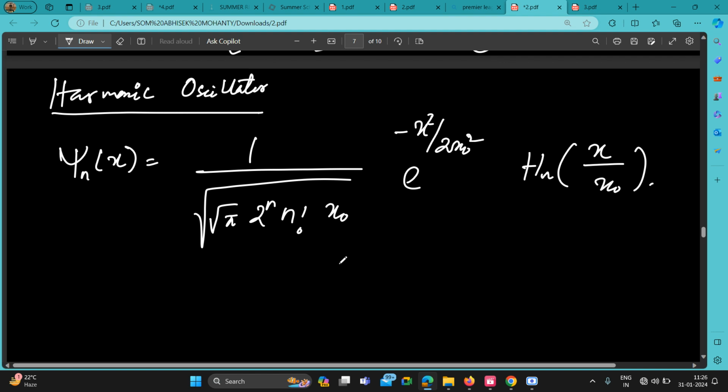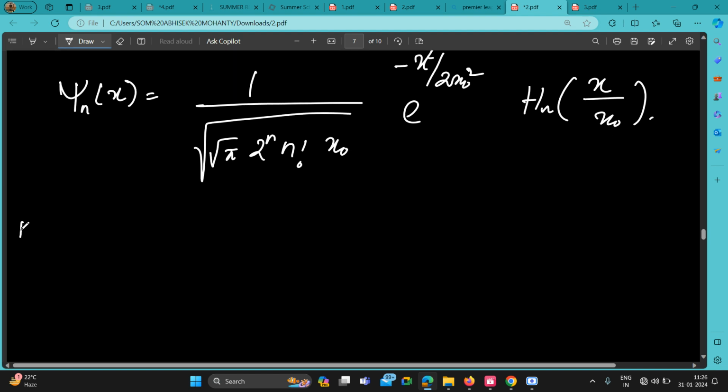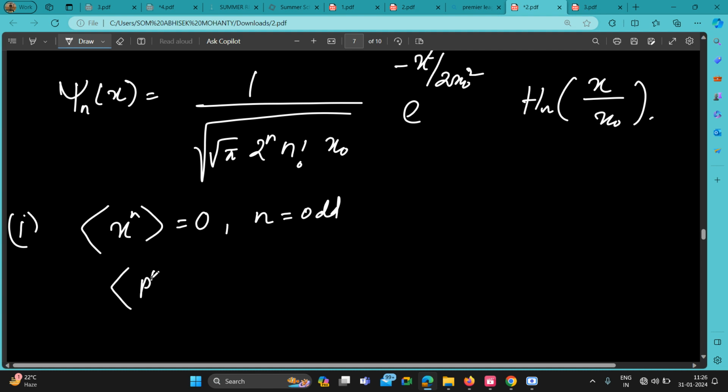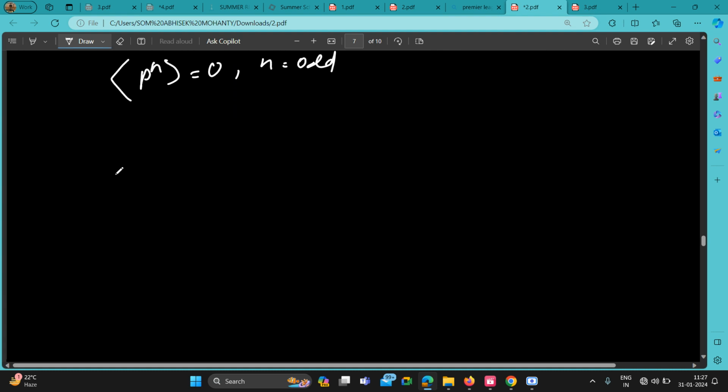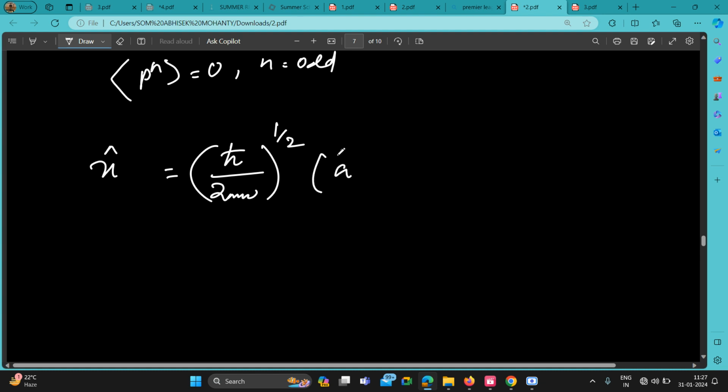You don't need to remember this much. X to the power n expectation value is 0 if n is odd. P to the power n expectation value is 0 if n is odd. P is momentum. Now what is the position operator in the harmonic oscillator? h bar by 2 m omega to the power half, a.